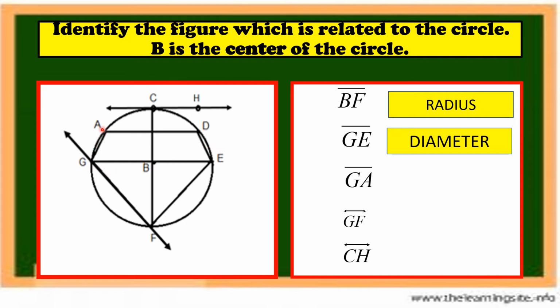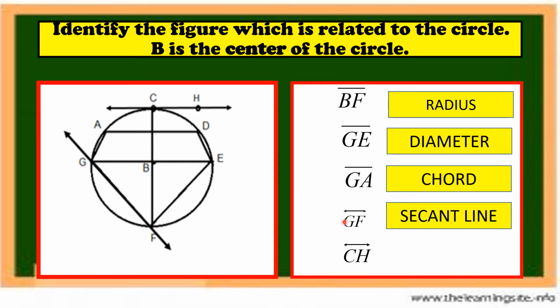Segment GA connects 2 points of a circle, and that is a chord. Next we have line GF. Line GF intersects the circle in 2 points, point G and point F. What is that line? That is a second line.